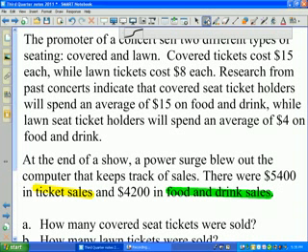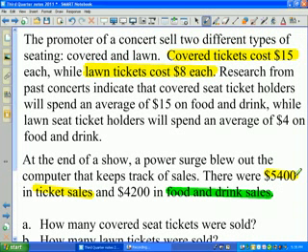Pulling information out of here, covered seats are going to cost $15. That's what's jumping at me. And lawn seats are going to cost $8 each. That's just dealing with the ticket sales, and the ticket sales total was $5,400.